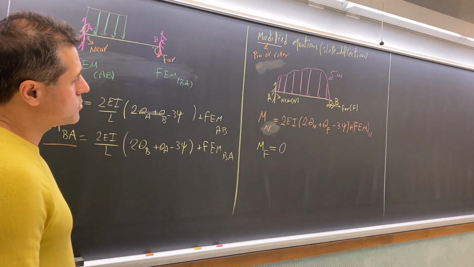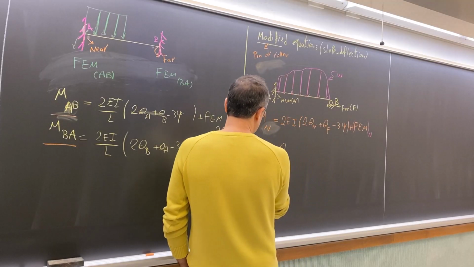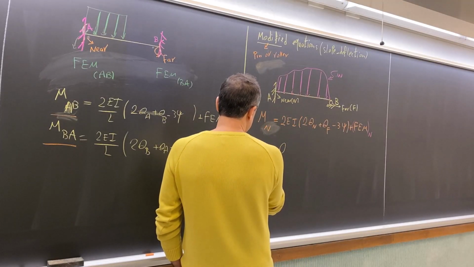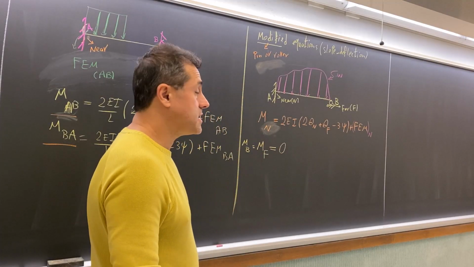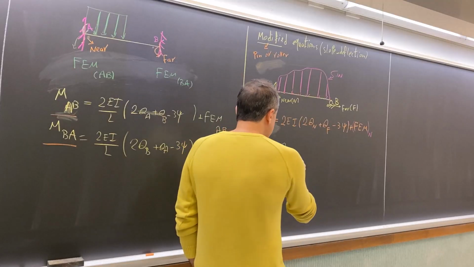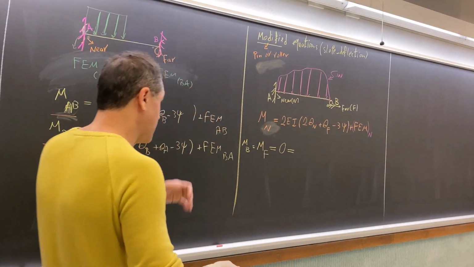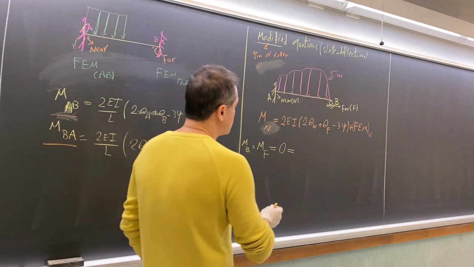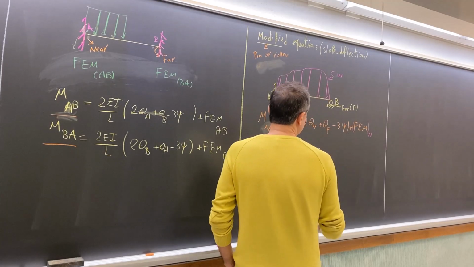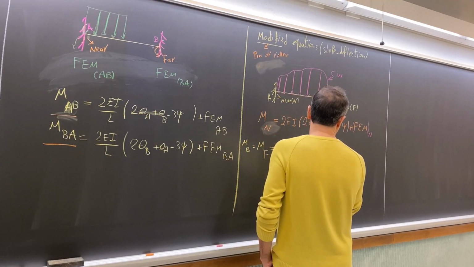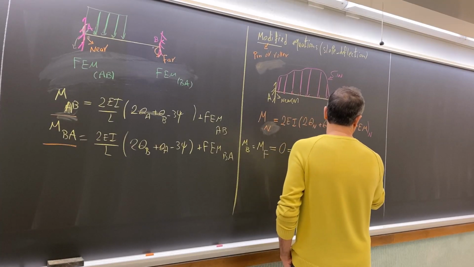So here we have a roller, so we already know the moment at point B. This is the moment at point B, but we show it with far end, so we show it with MF. Let's continue. We write the equation from slope deflection: 2EI over L times 2 theta F plus theta N minus 3 psi.